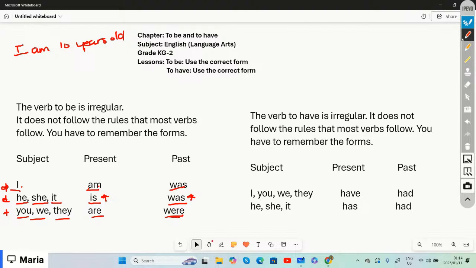This is basically our verb to be, which is irregular, whether it's irregular in the present tense or in the past tense. And you need to know how to use was or were or is and are, especially if you're referring to either one person or more than one person.